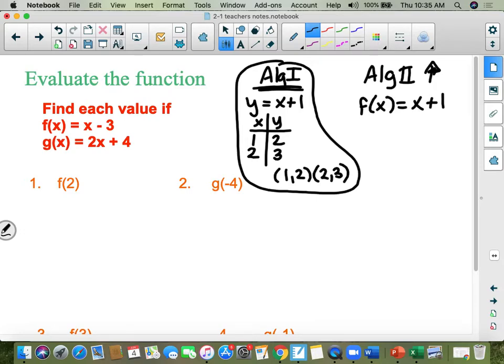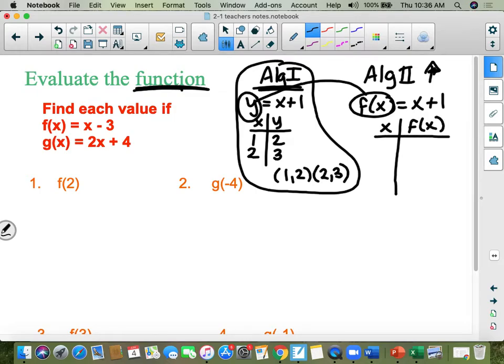Just a different way of writing, and it's called a function, because they usually use the letter f, which is the function. Some function of x is equal to x plus 1. The table has an x in it, but it doesn't have a y, because the y changed to f of x, so you have an f of x over here. Your table still looks the same. When x is 1, y is 2. When x is 2, y is 3.